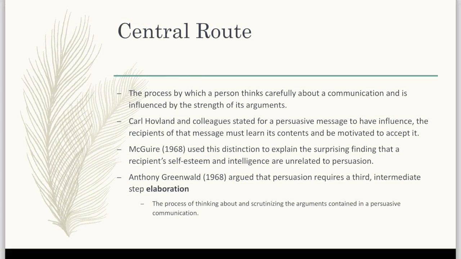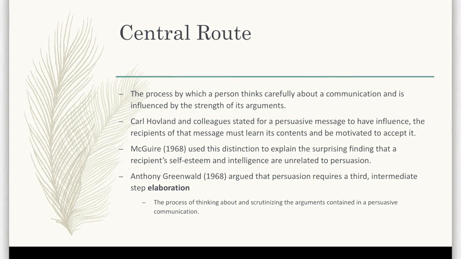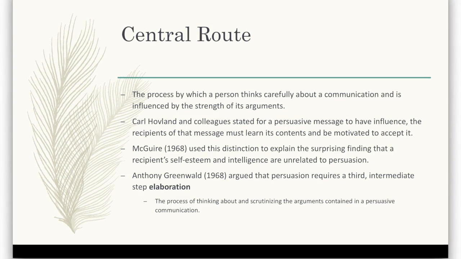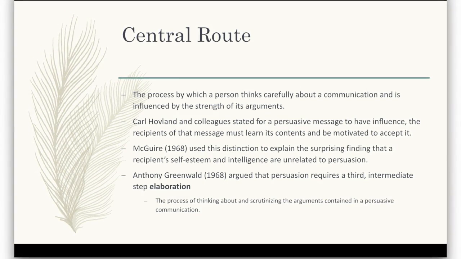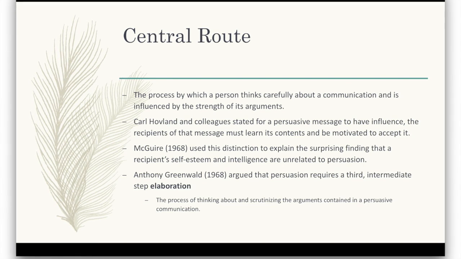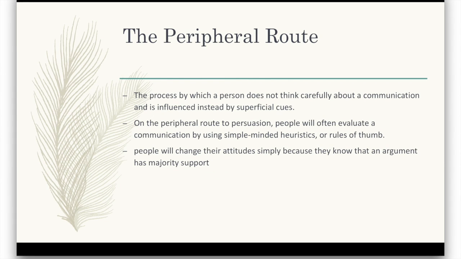McGuire then added, using its extension to explain the surprising finding that a recipient's self esteem and intelligence are unrelated to persuasion. And Anthony Greenwald argued that persuasion required a third intermediate step, which is elaboration.